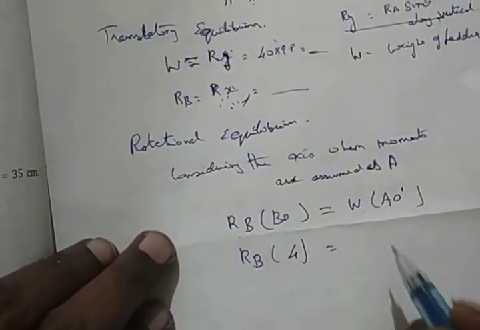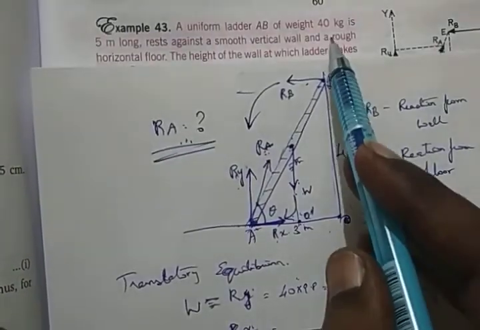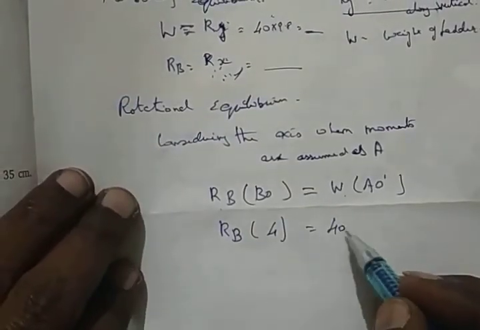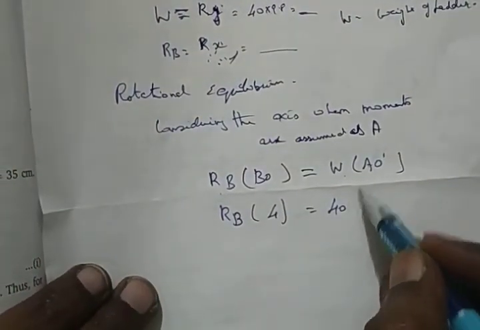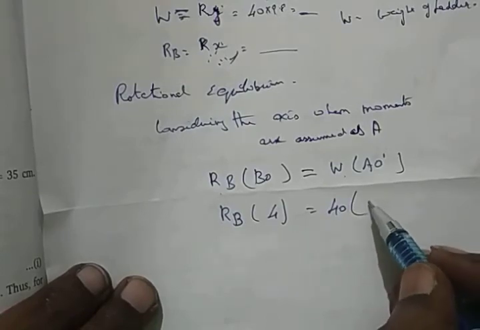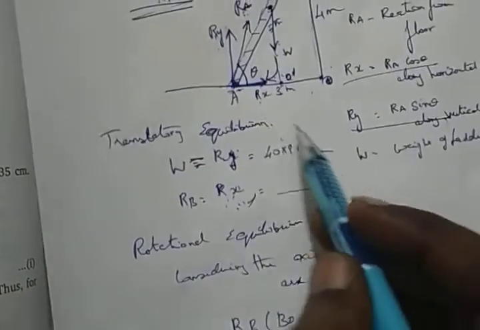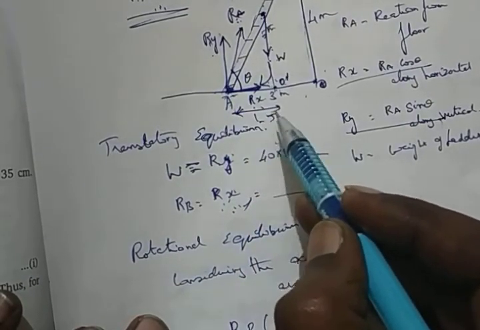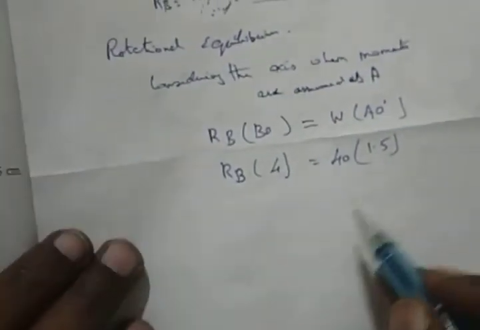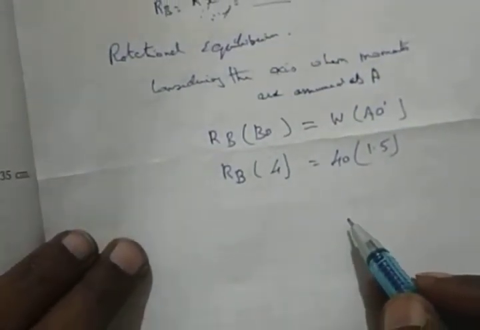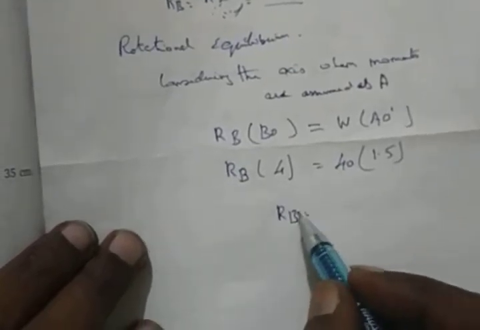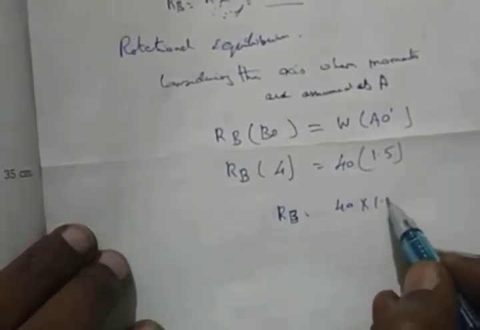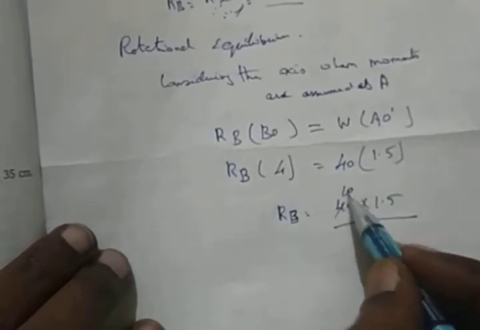BO is going to be equal to 4 meters. W, the weight of the ladder, is 40. So 40 into 1.5, because this is the distance, 1.5 because that is 3. So RB is going to be equal to 40 into 1.5 divided by 4, you get 15.